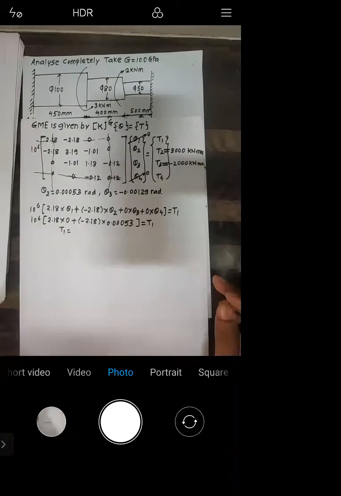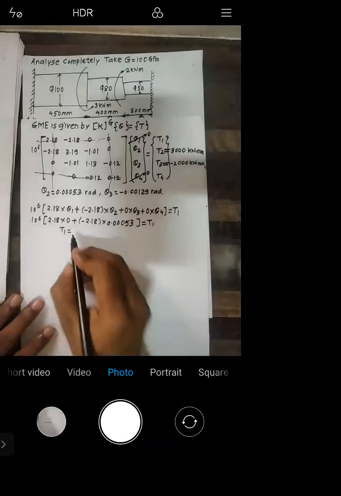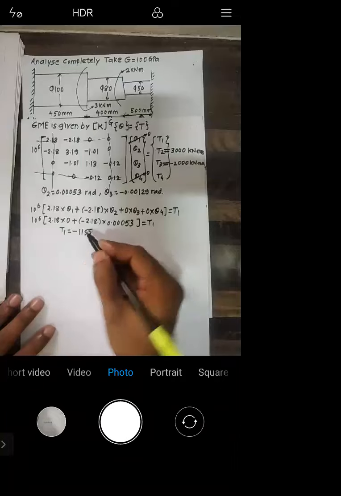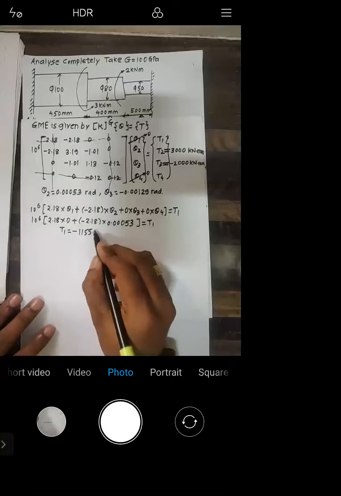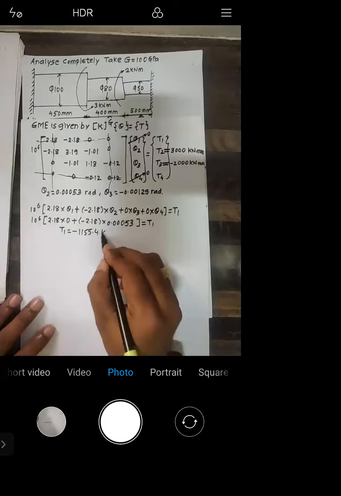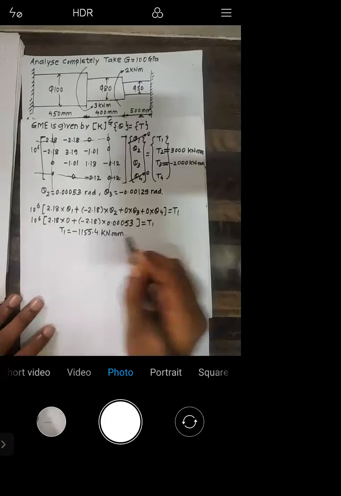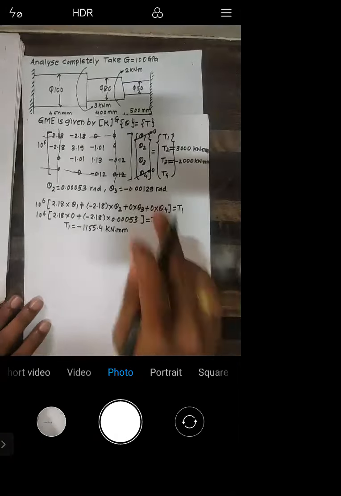So tell me what value of T1 you are getting. Minus 1155.4. Obviously this is torsion, right? So it is kilonewton mm. This is T1, right? Now we need to calculate T4.